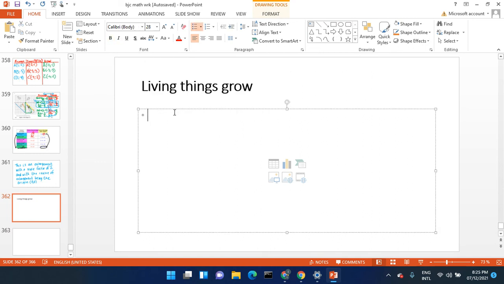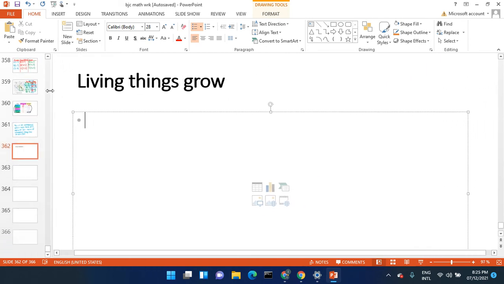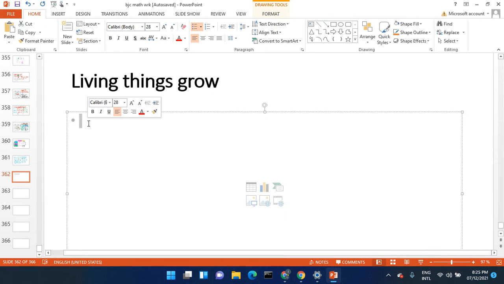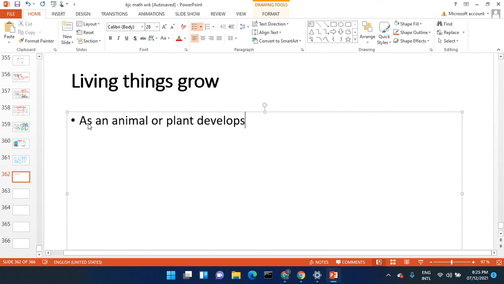All right. So we have to explain that a bit. It's pretty straightforward. When we say living things grow, growth just means a permanent increase in the size or the mass of a particular entity. So as an animal or plant develops, it gets larger and heavier, right?